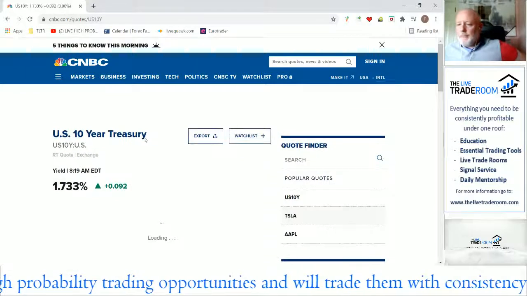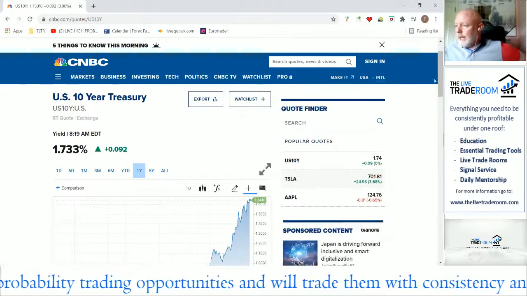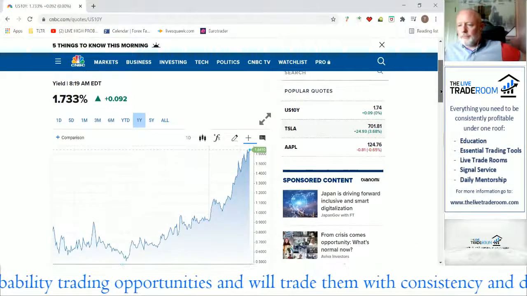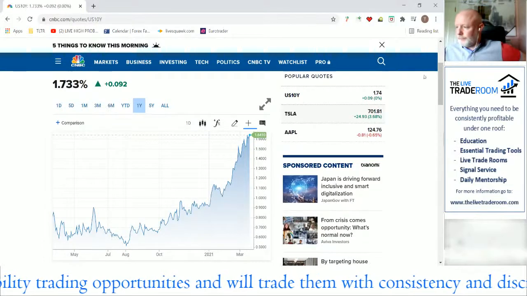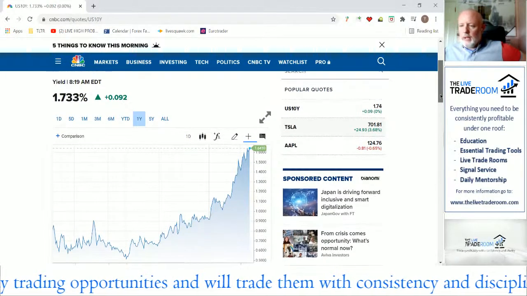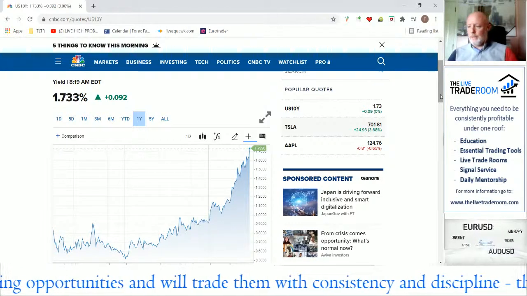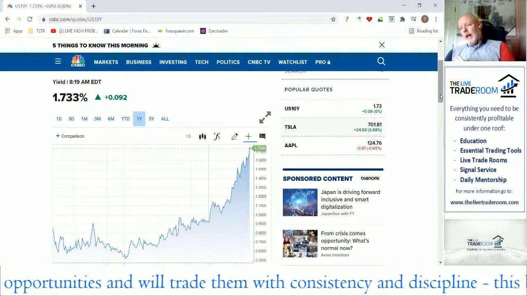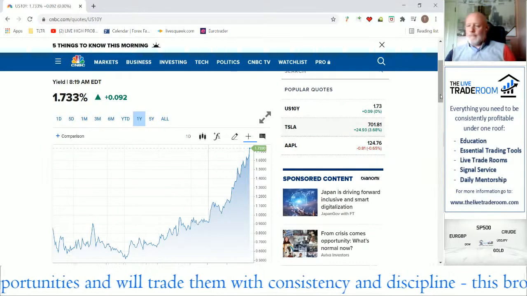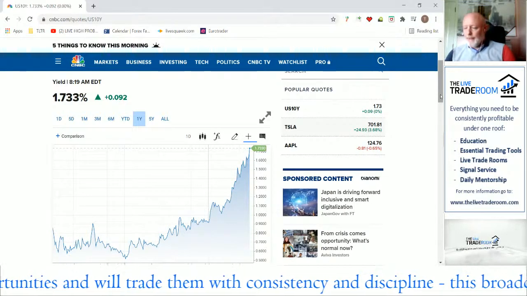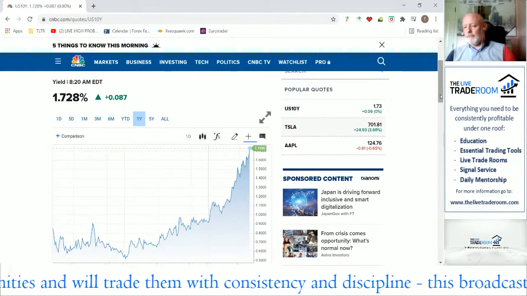It's just US 10-year Treasury details. This is a mechanism for the US government, of course, to take on some additional debt to pay for its spending.